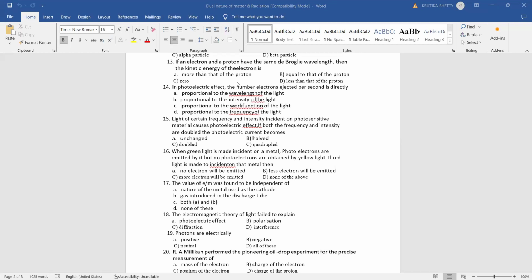Yes, option A is the correct answer, more than that of the proton. Option A is the right answer.